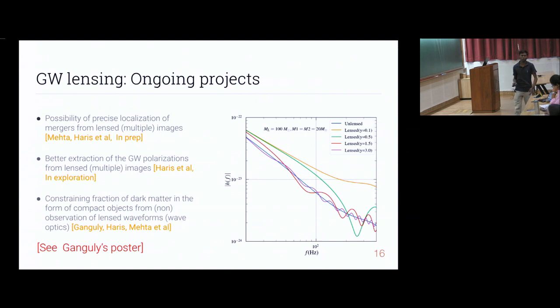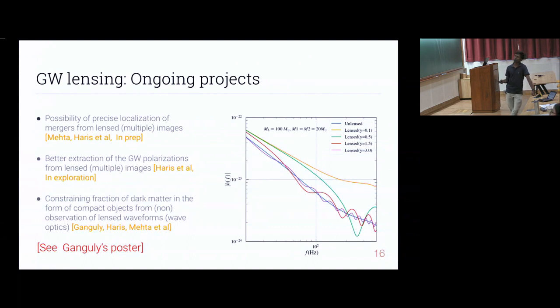If we combine it with electromagnetic survey data, we can pinpoint the location of such merger events. And we can also use this data to break the degeneracy and obtain the gravitational wave polarization of such events.